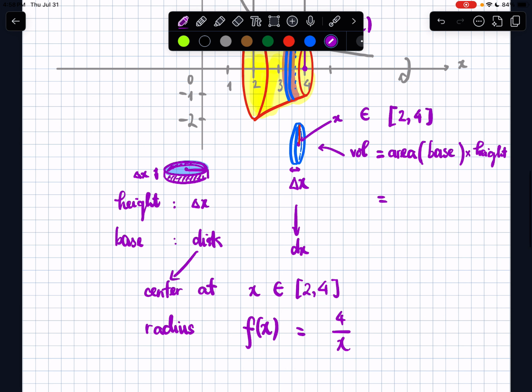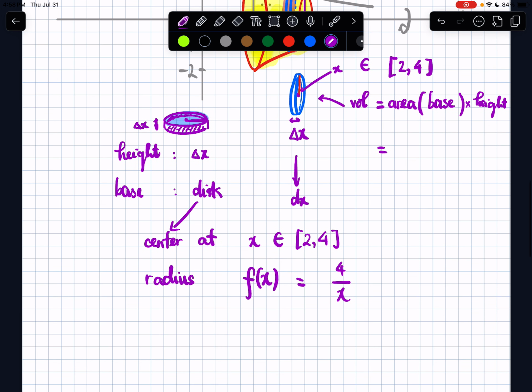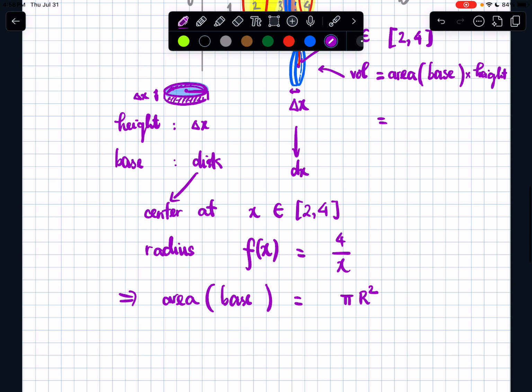The area of the base will be pi r squared. So pi times the radius squared, which is 4 divided by x, squared.